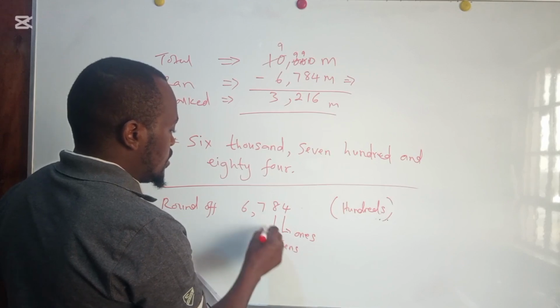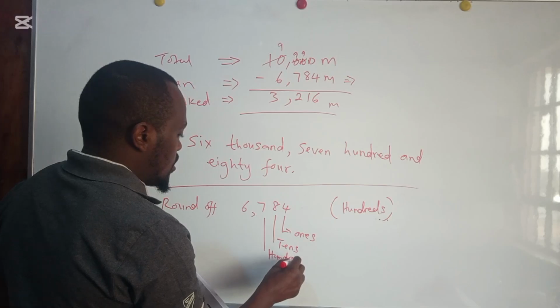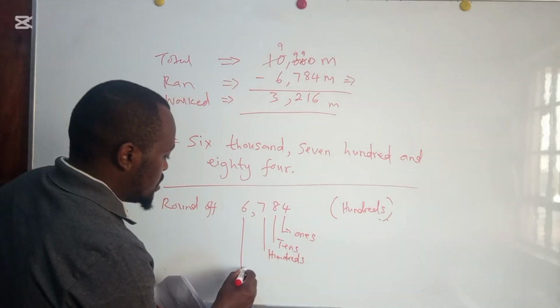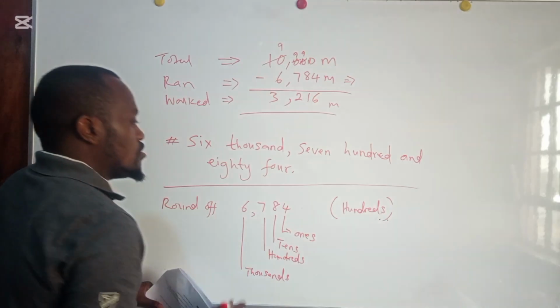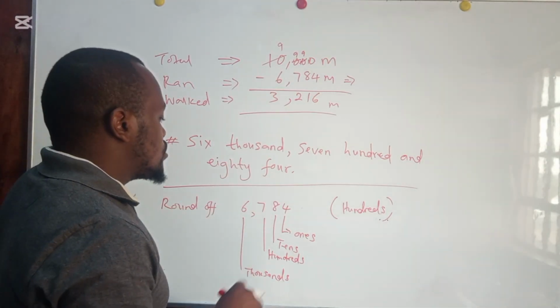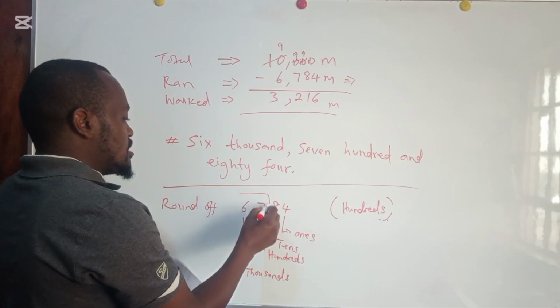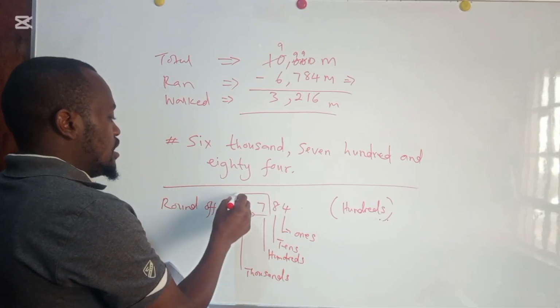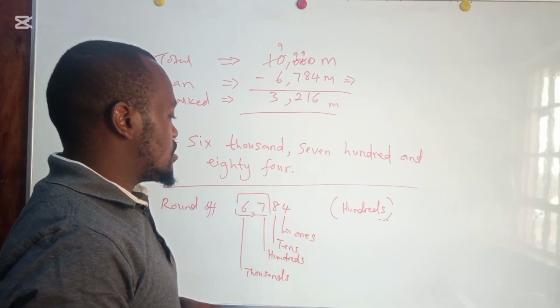tens, hundreds. This one is thousands. So the question is telling you to write to the nearest hundreds. So to the nearest hundreds, this is the position where you are supposed to have numbers, but the rest should be 0.